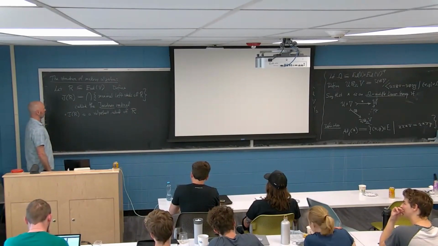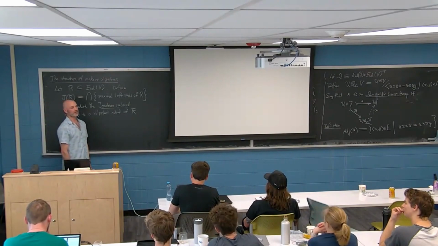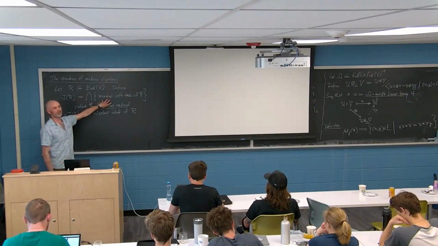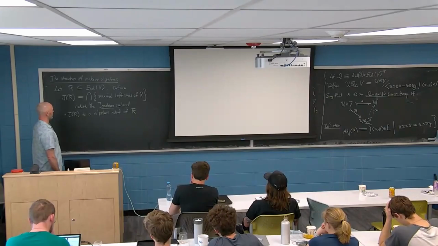Does left ideal mean that R acts on the left or on the right? I was thinking of R acting on the left, yeah. So R times I is contained in I. Yeah. But of course, there's also the intersection of all maximal right ideals as well. Great. So that's our Jacobson radical then.